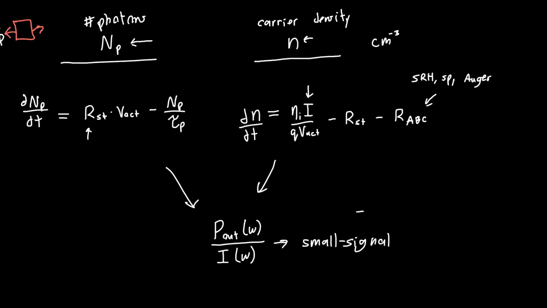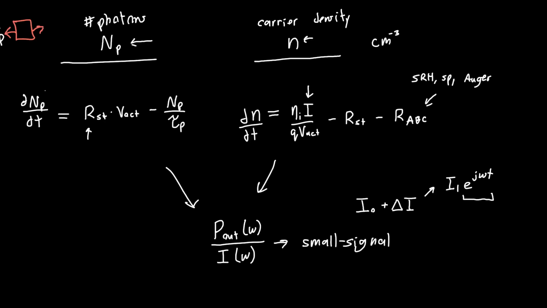So we're going to have a certain bias current, I naught, and we're going to apply a certain perturbation to that, delta I, or a certain small signal. And this is in general going to be of the form I1 e to the j omega t, because we're generally applying sinusoidal excitations. If we're not, we can just use Fourier transforms to make it into a bunch of sinusoidal excitations.